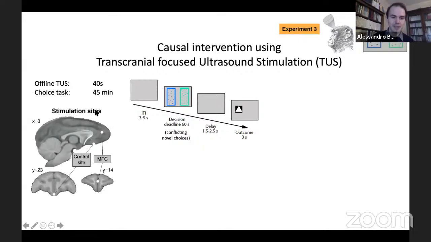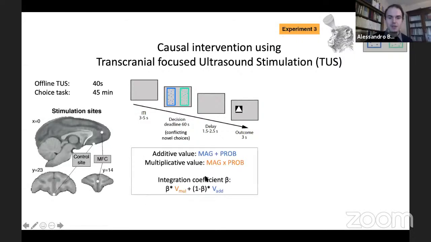And by doing this, we asked the question of how the monkey is going to combine the two attributes. So you remember that you have magnitude and probability, and the correct way is to multiply magnitude and probability, and to choose the option that has the highest magnitude times probability value.